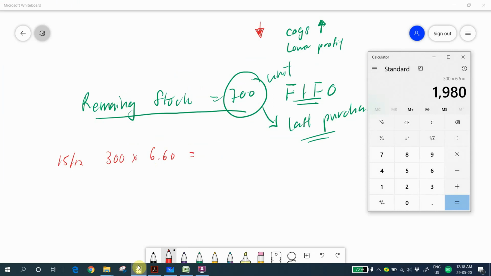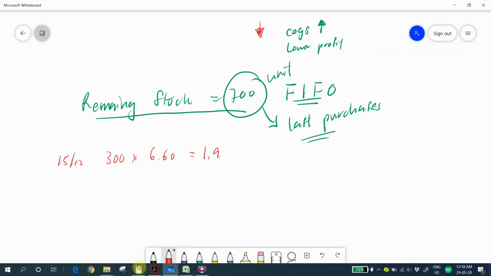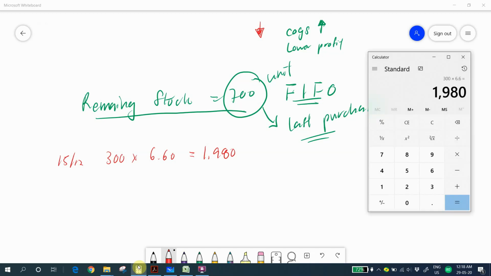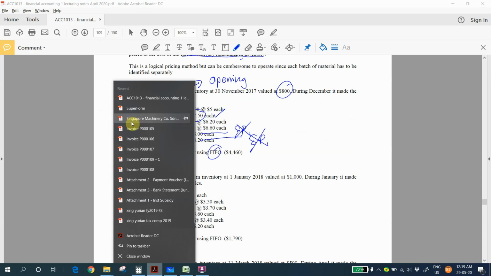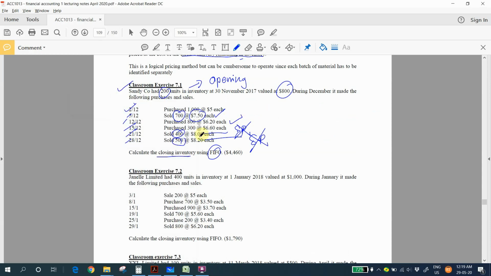We get 1980, but we have 700 units. It means that the remaining 400 units will refer to the second last purchase, which is the 800 units at the cost of $6.20.